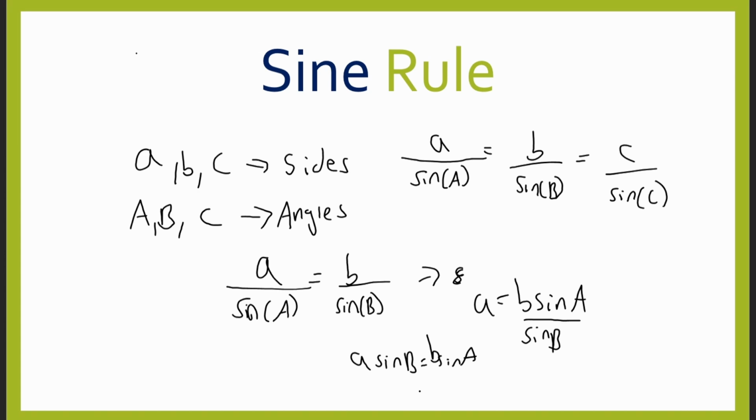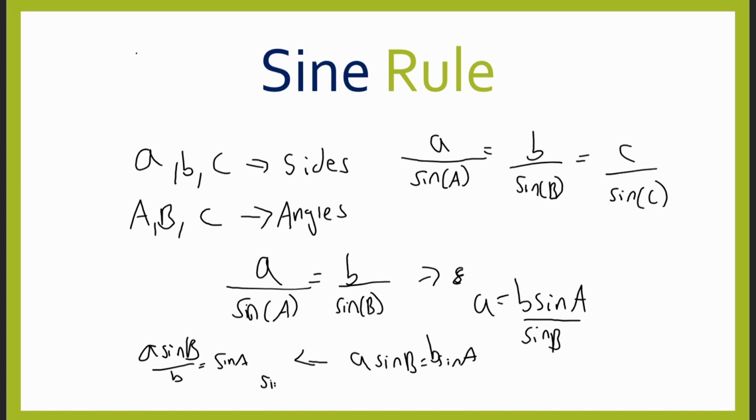You divide by b both sides, so you get a sine B over b equals sine A. If you times both sides by 1 over a, you're going to get ab at the bottom, and that can cancel out with the top.